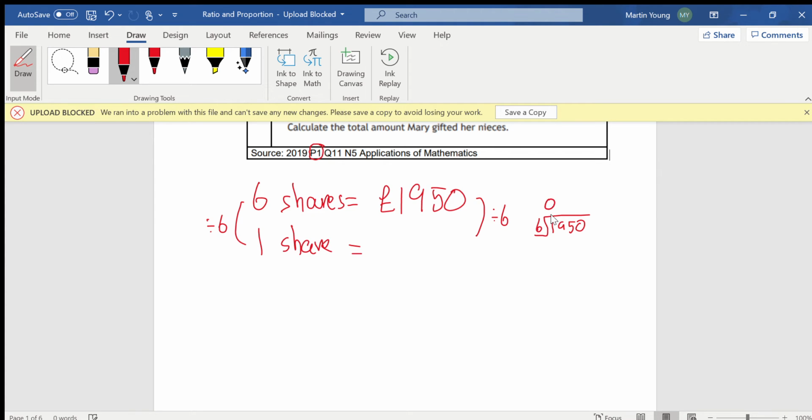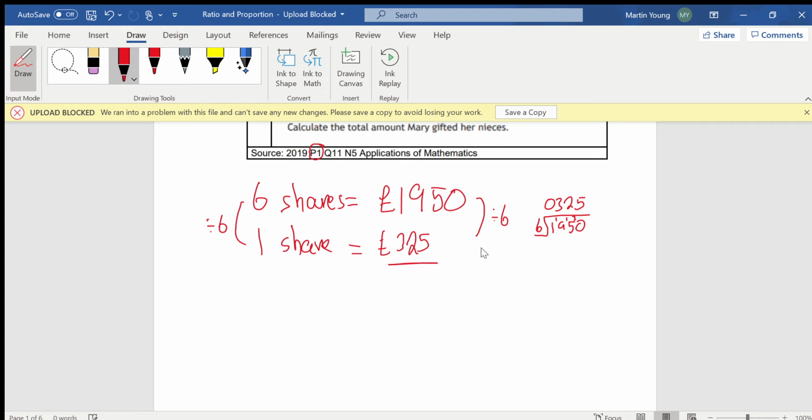Okay, so I can't fit any 6's into 1, carry the 1 along, I can fit 3 into that, which is 18, 1 left is 15, how many can I fit into that? It's 2, 3's left over, how many can I fit into 30? It's 5, so it's £325 is 1 share.